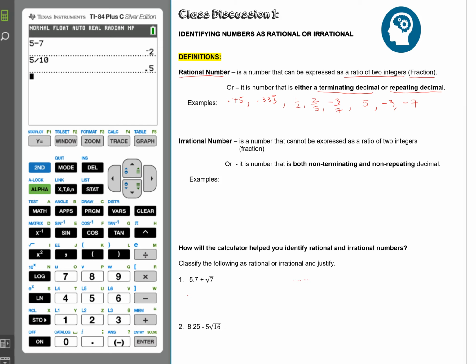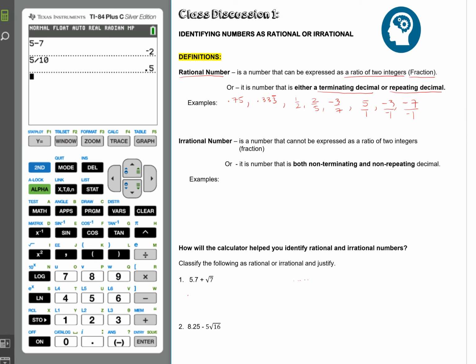Now, why are they also called rational numbers? It's because there is a fraction form for all of these numbers. So 5 can be written as 5 over 1. Negative 3 can be written as negative 3 over 1. And negative 7 can be written as negative 7 over 1, which is also a fraction.